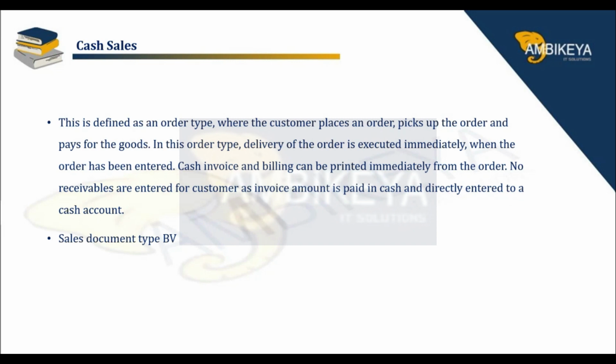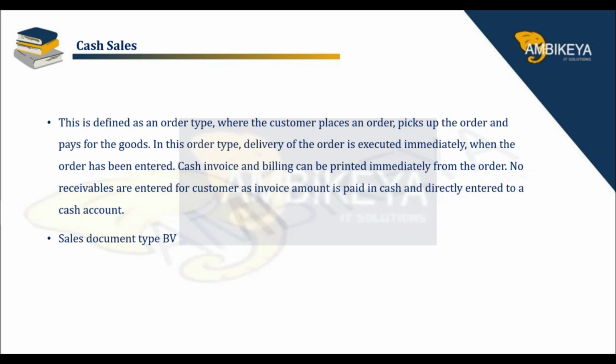That is the best example of cash sales, because there is no sales order printed when you want to buy, say, bread, or pulses, or vegetables. You're not raising a sales order. You're just picking it from the shelf, putting it in your basket and then going for billing. So the delivery is happening at the same time and the billing is also happening at the same time. Your entire process is done within seconds and by yourself only. That is called cash sales.